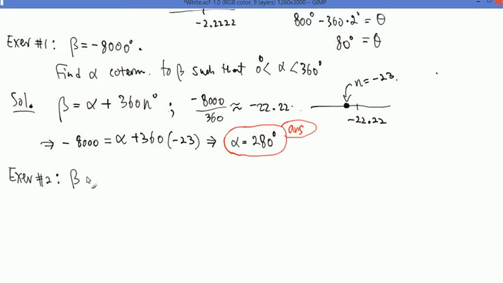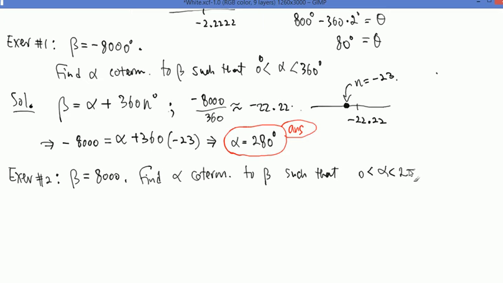So beta today at this time is 8,000, nothing. What does that mean? It means radian, right? Beta is 8,000 and it's the angle, and then you assume it is radian, right? And find alpha, that is coterminal to beta such that alpha is in between what and what? 0 to 2 pi this time, not 360.